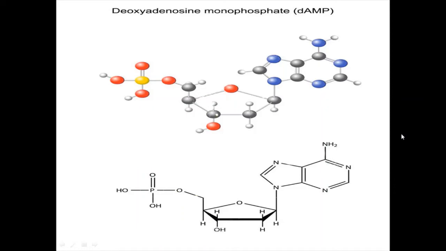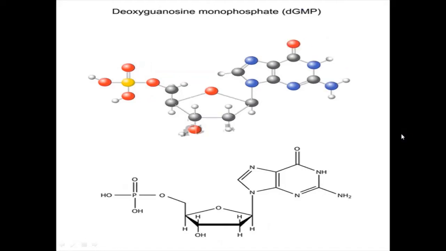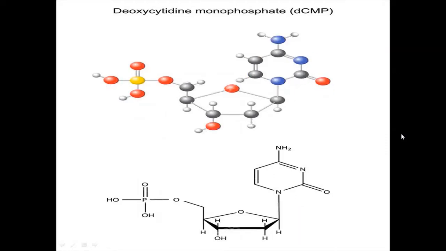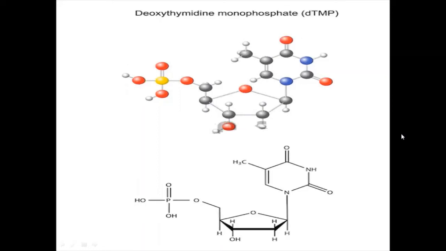There are 4 types of nucleotides present in the DNA, namely deoxyadenosine monophosphate, deoxyguanosine monophosphate, deoxycytidine monophosphate, and deoxythymidine monophosphate.